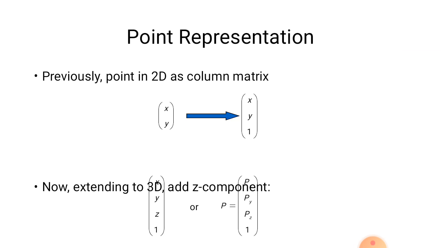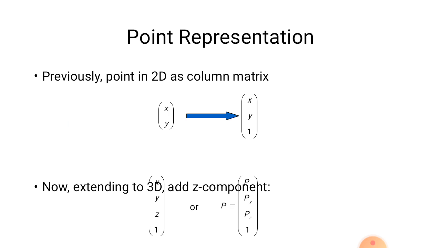Now we are going to see the point representation. First we are going to see what is meant by transforms in 3D. We will have a 2D column matrix in the point representation.